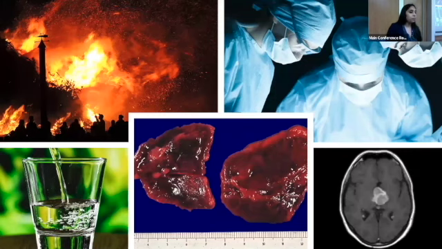So I just wanted to look at some classic causes of adrenal crisis, things that show up on exams sometimes. If anyone can tell me what cause of adrenal crisis does the picture in the middle represent? Exactly. So this is adrenal hemorrhage in the setting of Neisseria infection, so Waterhouse-Friderichsen syndrome.